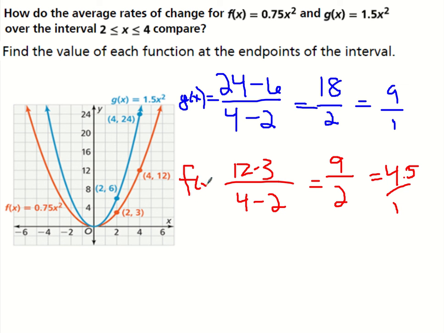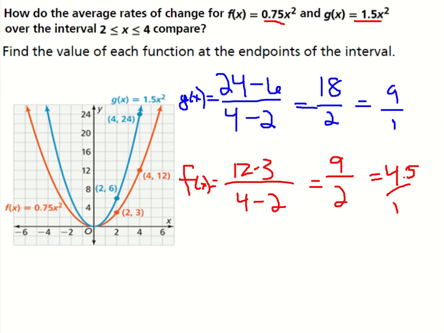So for f of x, the rate of change is half of what the rate of change is for g of x over this particular interval. It's not necessarily going to be the case for all of the intervals, but it is for this interval. Maybe it is for all of them. And that would make sense when this is half of what's going on for this one.